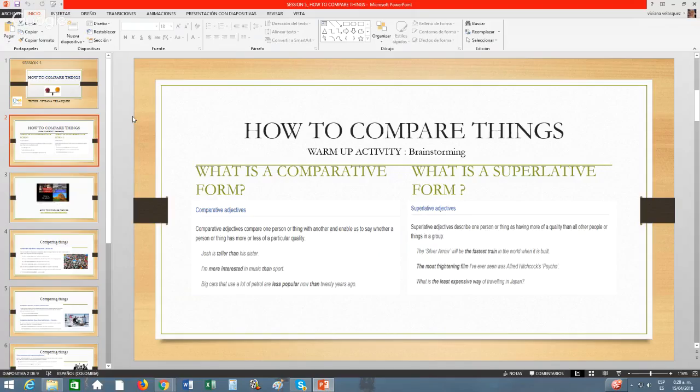For example, in words of one syllable, you add -er. For example, bigger, smaller. And words of two syllables, you add more.